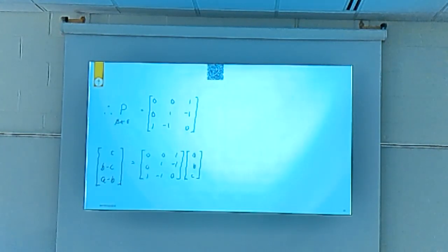And you're going to verify that you get that product. Does that give you C, B minus C, and A minus B? It does. You shouldn't actually need a calculator for that.